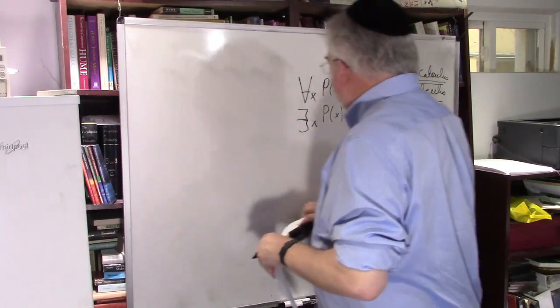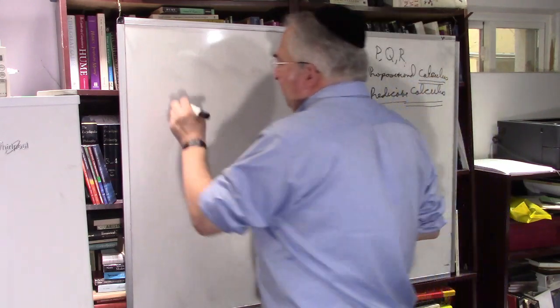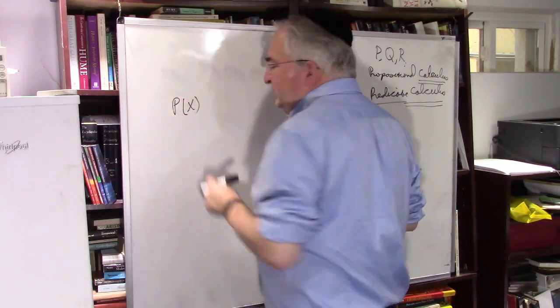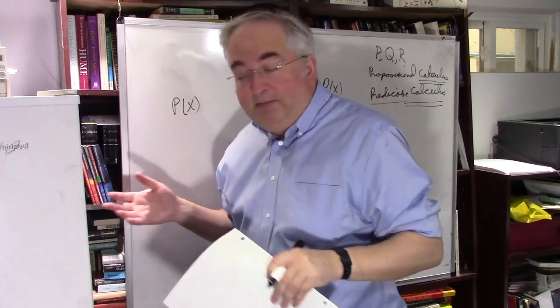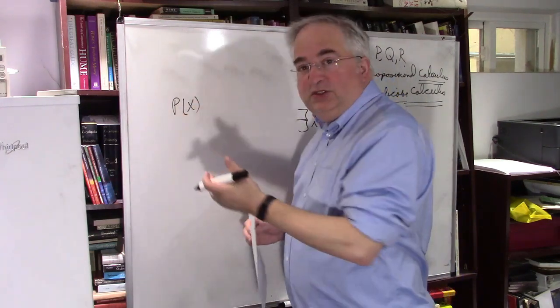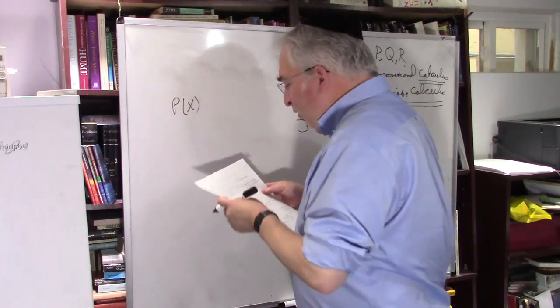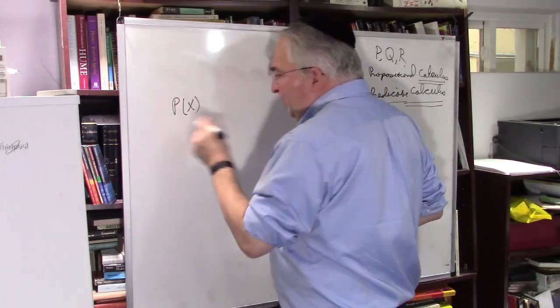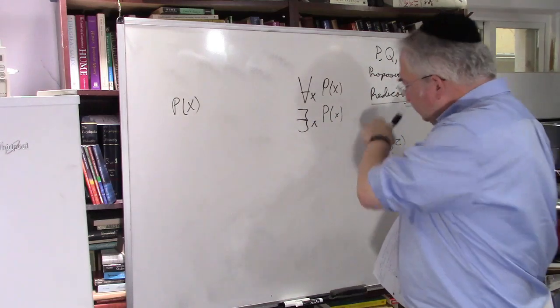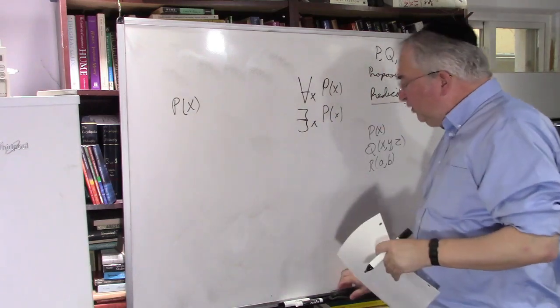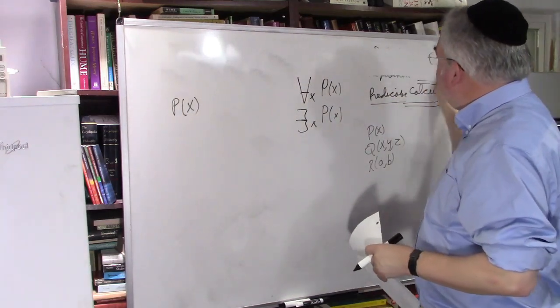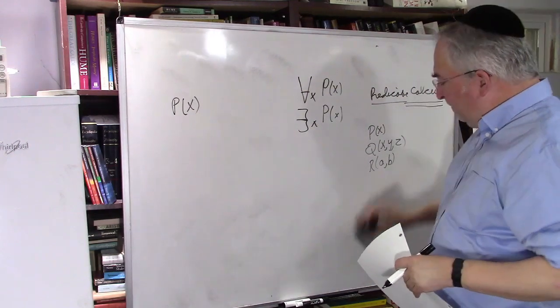When we have a predicate P of X, you might ask what does it mean, but also, what are the X's? Are they numbers? Are they things? Are they people? Whenever we're talking about predicate calculus like this, we're not talking about propositionals, only predicates.